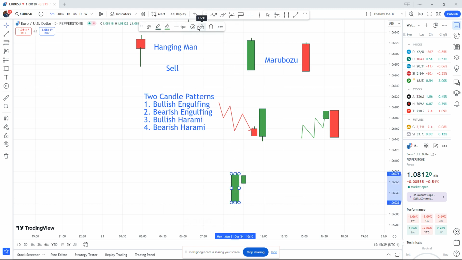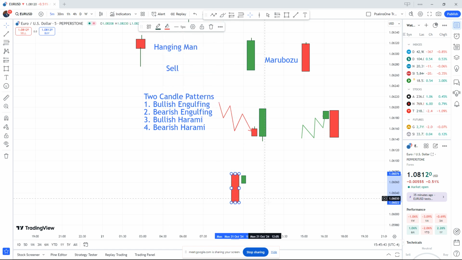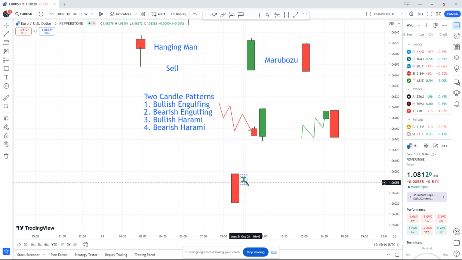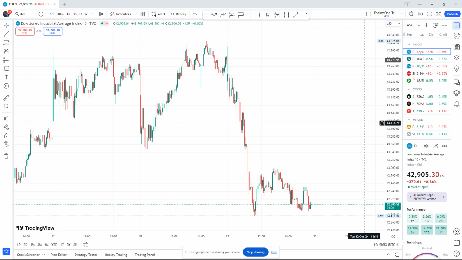So I draw it this way. If you get to the real chart, you might not see it as perfect as this. This is a textbook pattern for bullish engulfing.